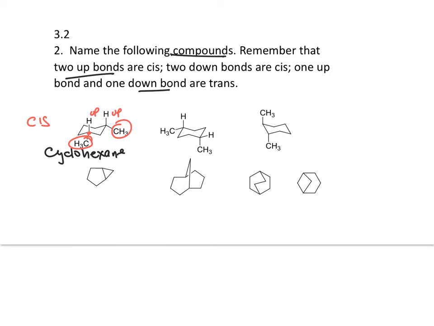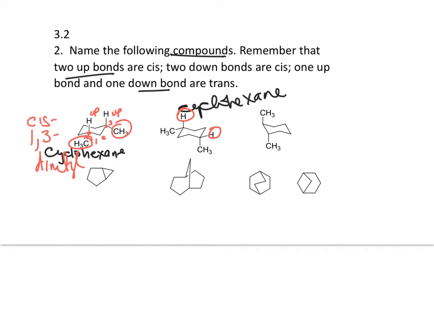And then you count 1, 2, 3. So this would be cis 1,3-dimethylcyclohexane. Okay, going on to the next, this would be cyclohexane, and then you see that this hydrogen's up and this hydrogen's up.